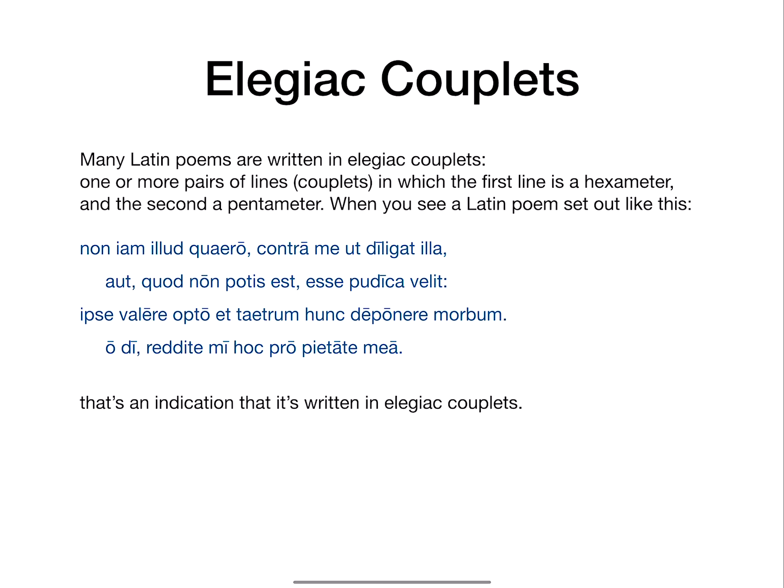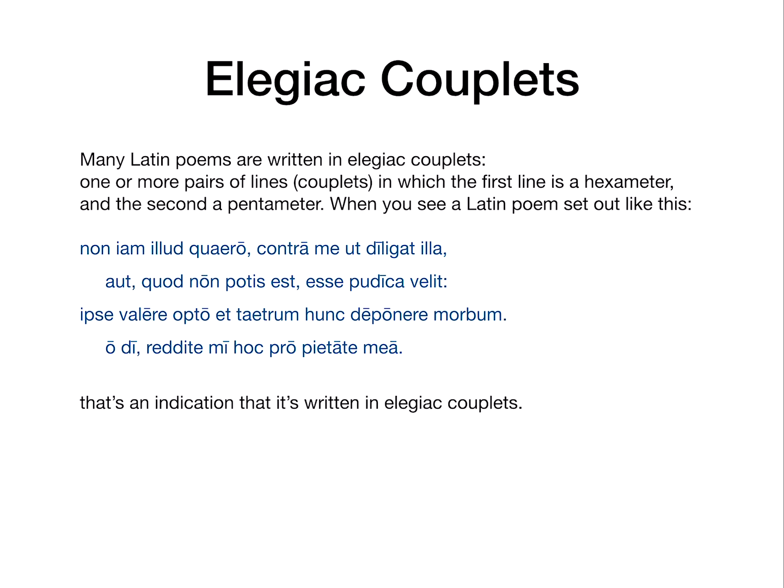So, elegiac couplets. Many Latin poems are written in elegiac couplets: one or more pairs of lines, couplets, in which the first line's a hexameter, the second is a pentameter.